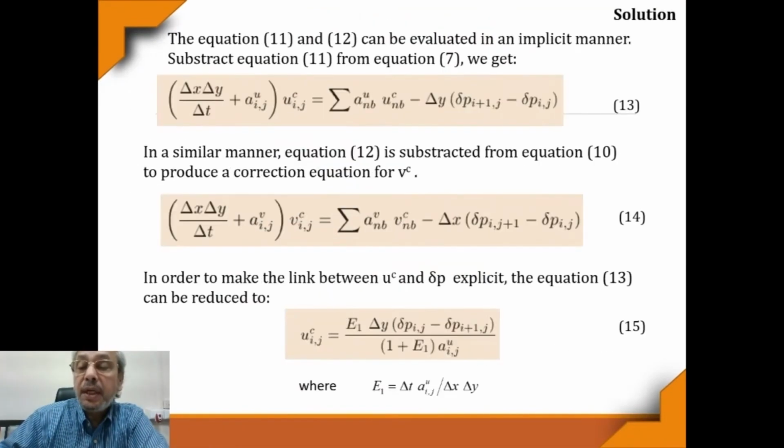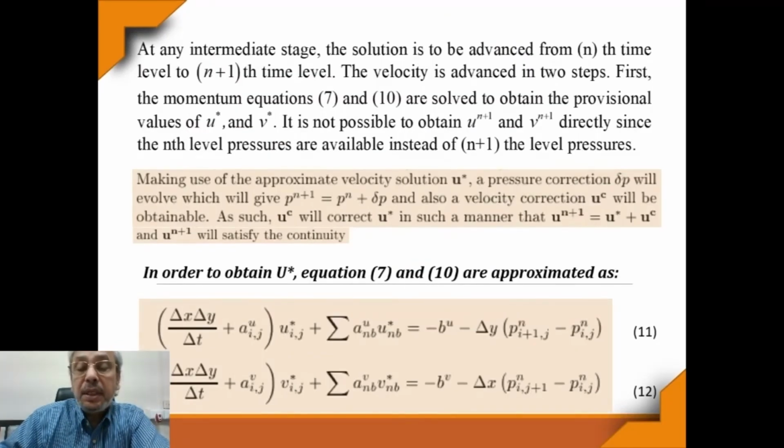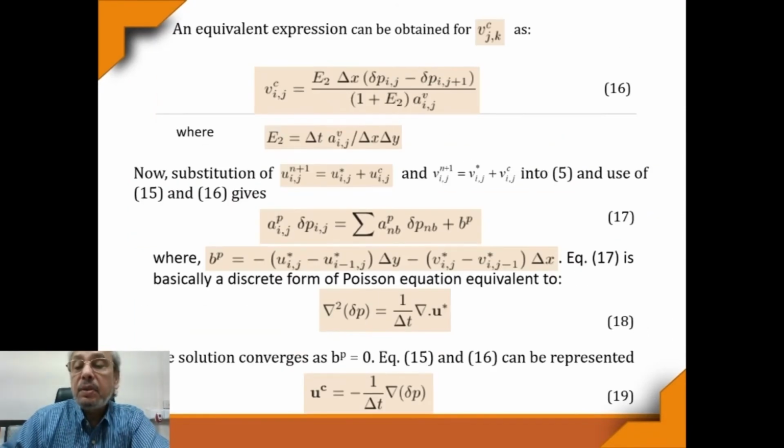So this way, in equation 11, you drop P terms, you evaluate U star. Now this U star, there is no P, you are calling it U hat. This U hat, you are feeding in equation 17, and you are solving not for 17 or 18, you can say, really not 17.